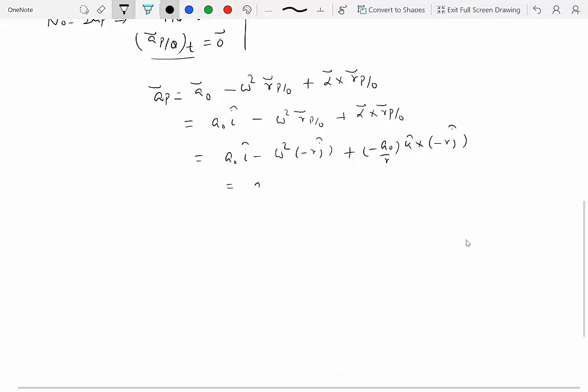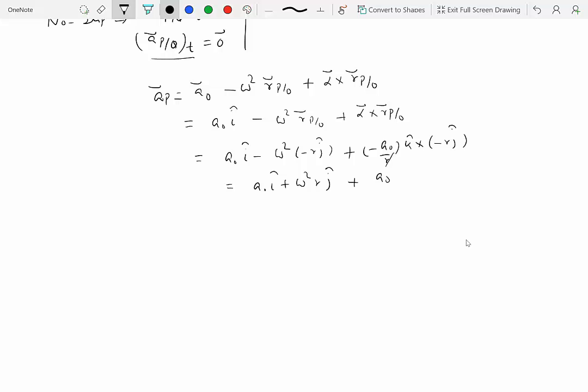So we get a0 i hat plus omega square r j hat plus a0, this cancels, and k cross j is minus i hat, so we get that. So these two cancel and we get omega square r j hat. So acceleration of P is equal to omega square r j hat, right?